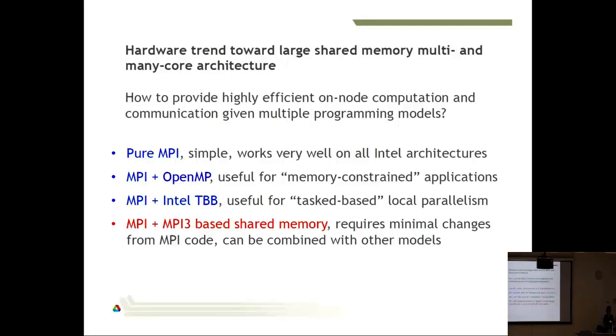That means how can we make use of shared memory to make our computation faster. So there are several considerations. Which approach shall we take? For example, right now PETSc is a pure MPI, distributed mode. Should we use MPI combined with OpenMP, or MPI with Intel TBB, which I don't know exactly what that is? Another approach is MPI with MPI3-based shared memory.